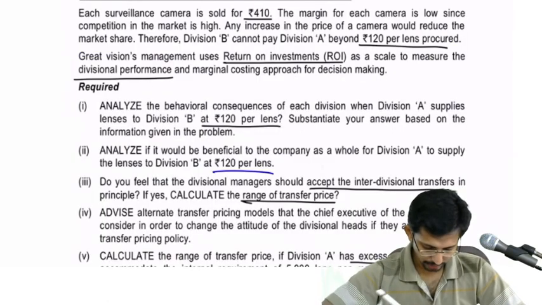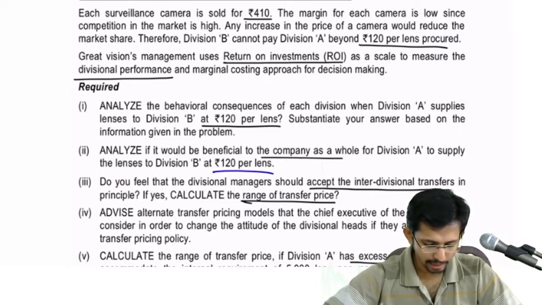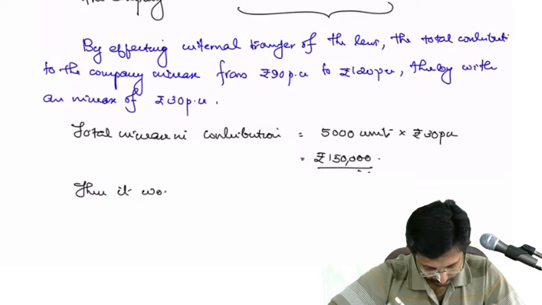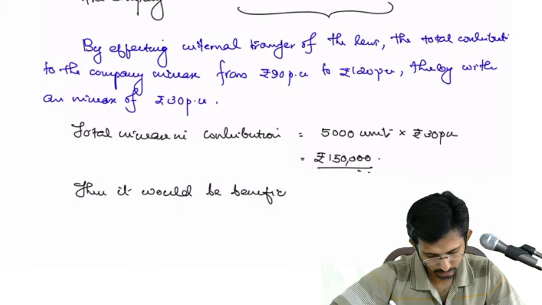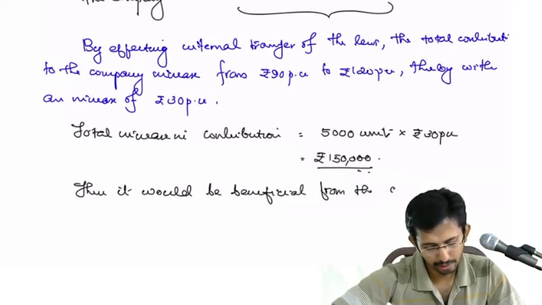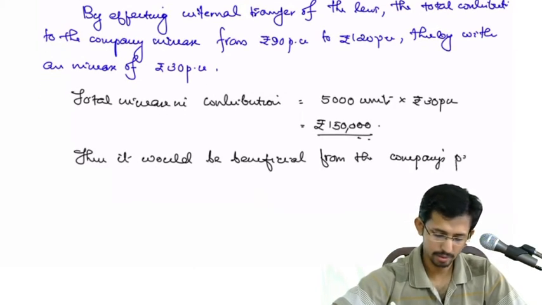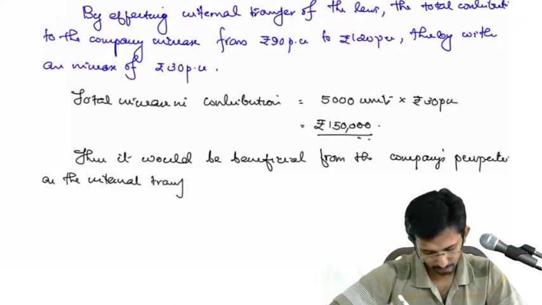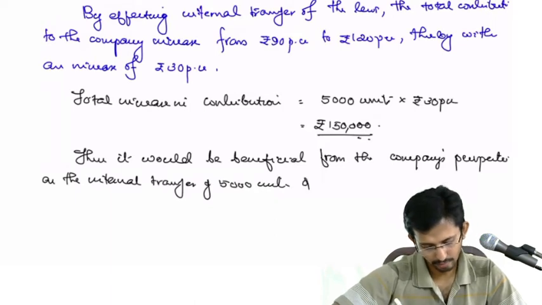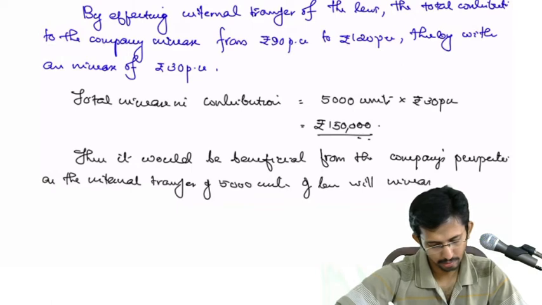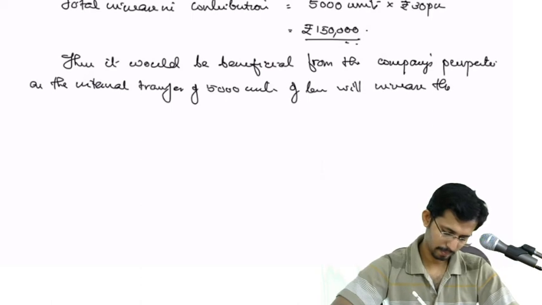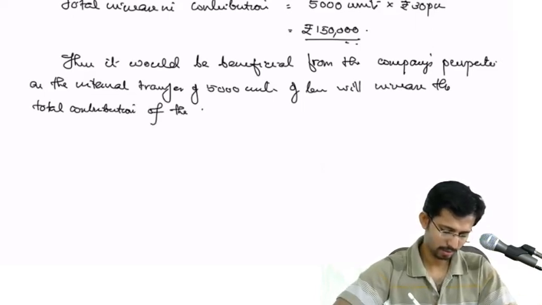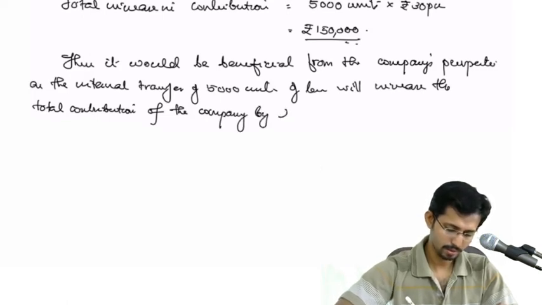So what is the conclusion? The question is, analyze if it would be beneficial to the company as a whole for division A to supply the lenses to division B. So you can write, thus it would be beneficial from the company's perspective as the internal transfer of 5000 units of lens will increase the total contribution of the company by rupees 1,50,000.